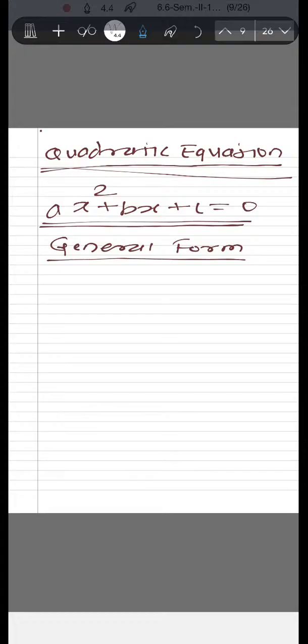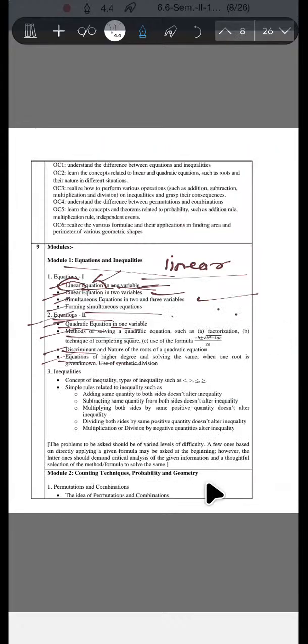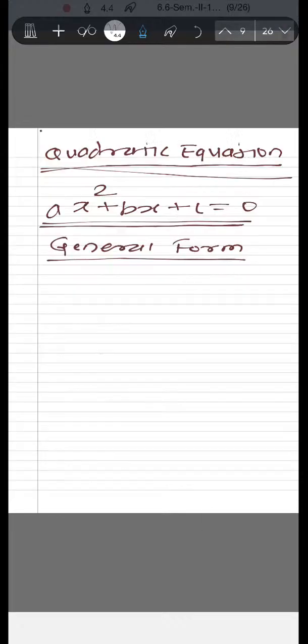As per our syllabus, quadratic equation in one variable. Here you can see only one variable is there, x. When a quadratic equation comes, some questions ask us to solve it.